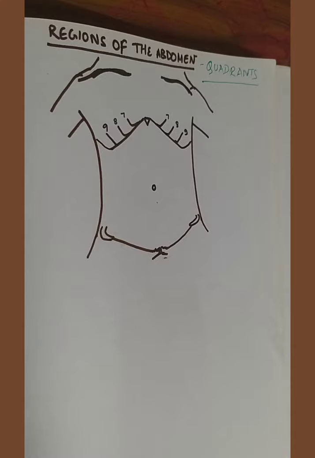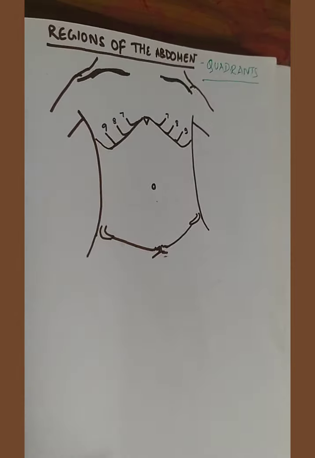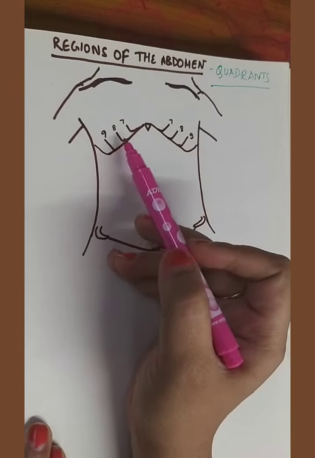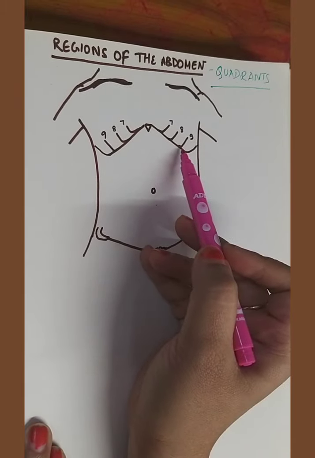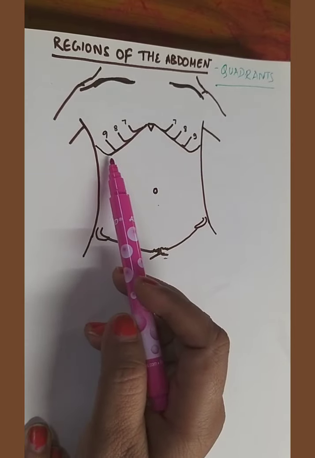The first horizontal plane is represented by the transpyloric plane of Addison, or simply the transpyloric plane. This passes in front through the costal tips of the costal cartilages of the 7th, 8th, 9th and 10th ribs.